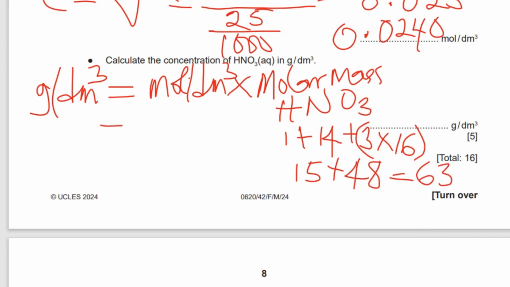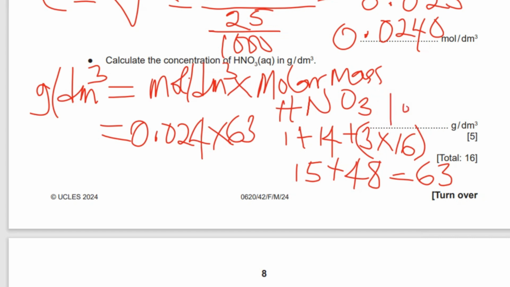So we've calculated the concentration in mole per dm³ to be 0.024. You multiply by 63 to get your answer. Okay, that's very fast.